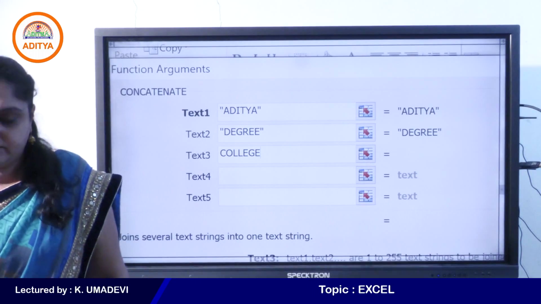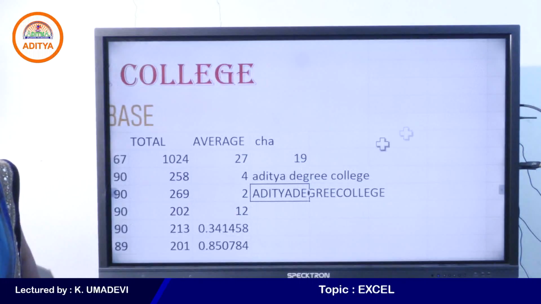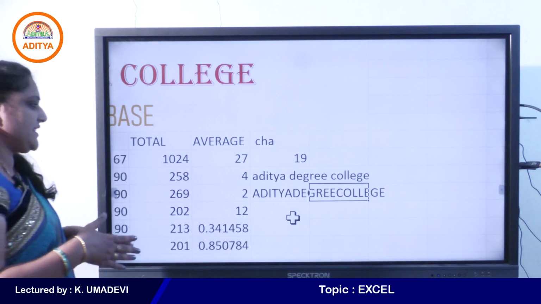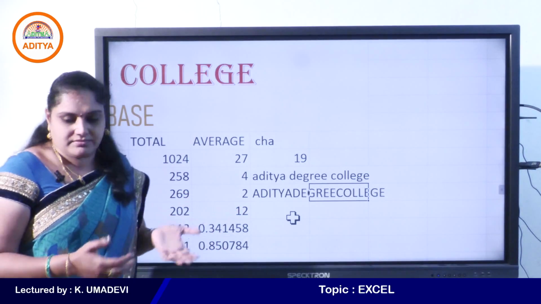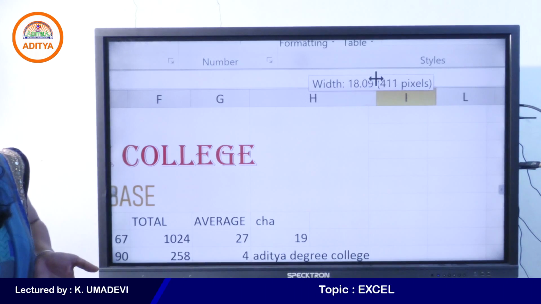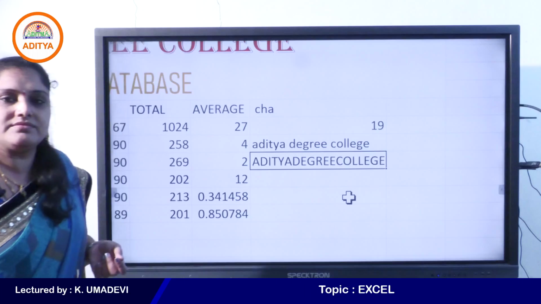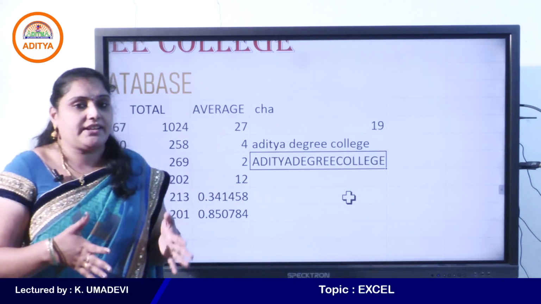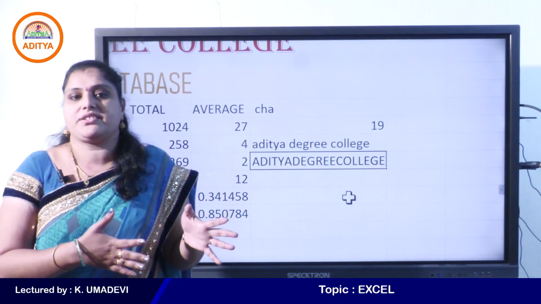Yes. And then click on OK. Now the result is, see Aditya Degree College, see it combines all the strings without spaces. Okay students? Right? See the spaces are not included here. So why? Because concatenate is mainly used to combine two or more strings.